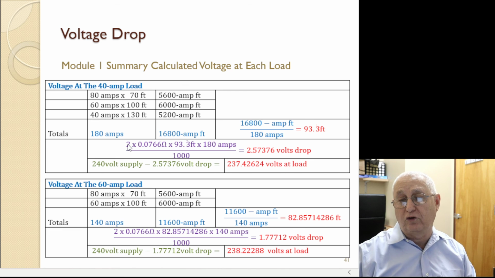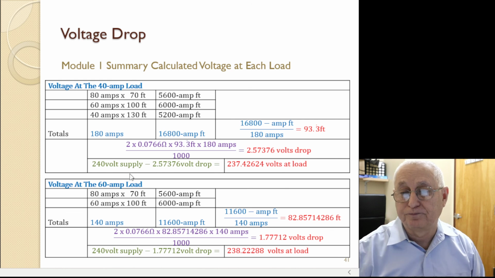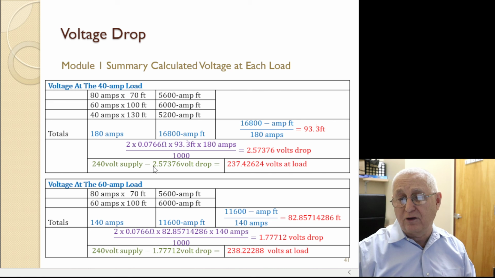This is the single phase voltage drop formula, and we're given the wire resistance, which for 3-aught conductor is 0.0766 ohms per 1,000 feet. 2 times 0.0766 ohms times 93.3 feet times 180 amps divided by 1,000 gives us a total voltage drop of 2.57376 volts. 240 volt supply minus 2.57376 volts drop equals 237.42624 volts at the load.